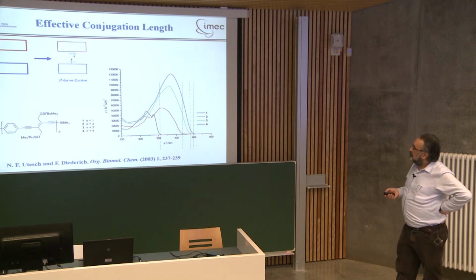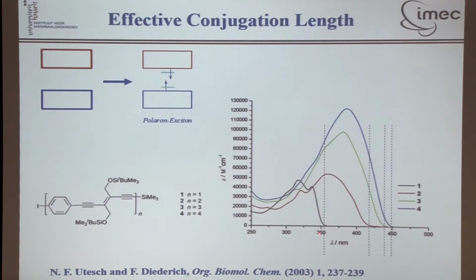Now what you also see, and that's very typical, is that the difference between this onset and this onset, between monomer and dimer, is much larger than the following ones. So it seems that this effect of the length of the oligomer on the absorption spectrum levels off, that there's a kind of saturation effect.